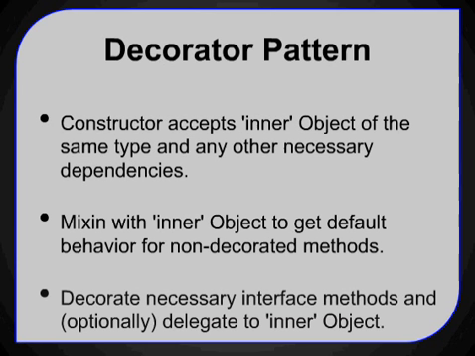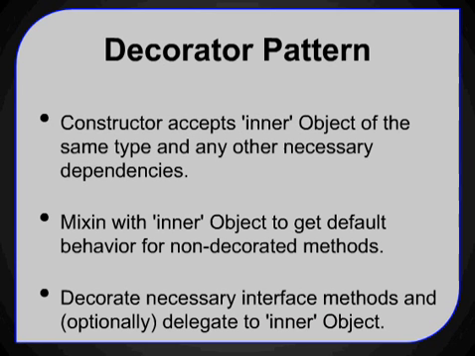This way I don't need to implement all of those methods of the interface because I'm just going to delegate them to the inner object directly. And then finally, you decorate the methods that you do want to decorate to add the logging or the profiling or whatever else. You decorate those methods, and then you would optionally delegate to the inner object.